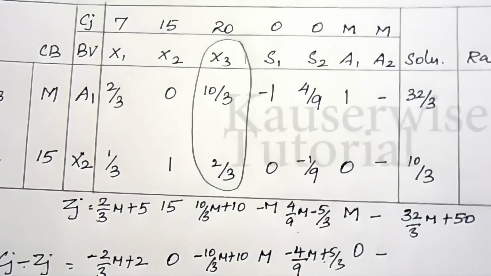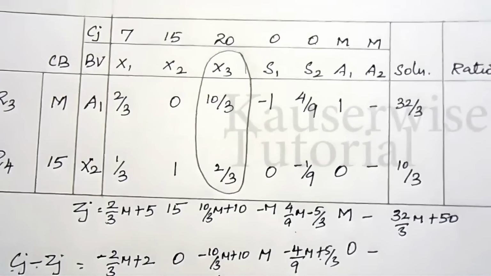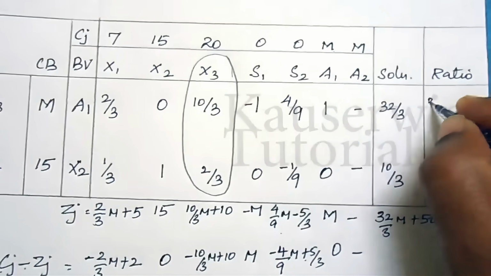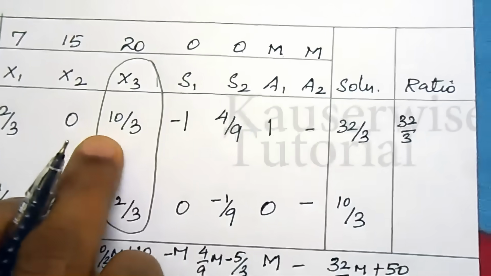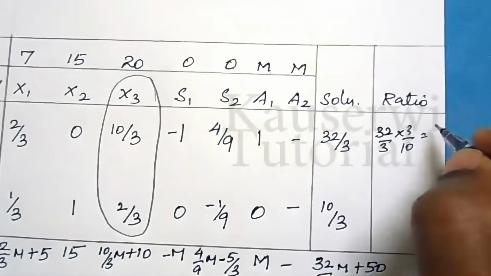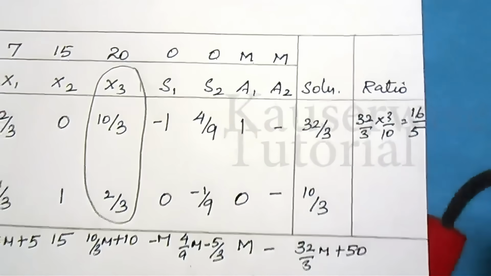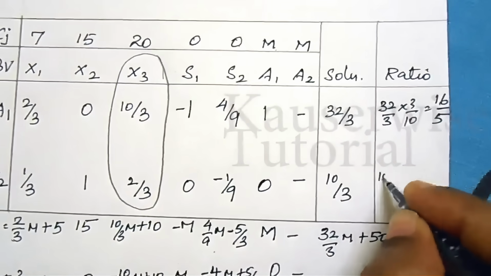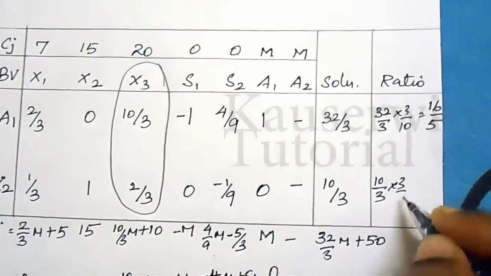After finding the key column, we need to find the ratio in order to find the key row. For the first row, 32 by 3 divided by 10 by 3, which means 3 by 10. The answer is 16 by 5. For the next value, 10 by 3 divided by 2 by 3, that is 3 by 2.